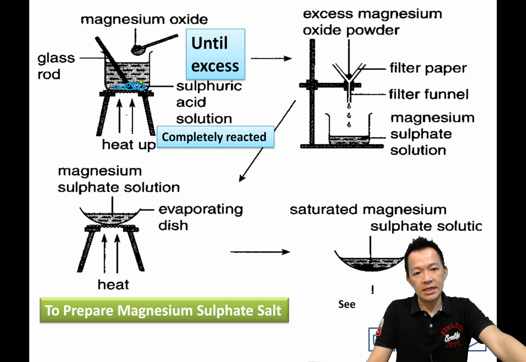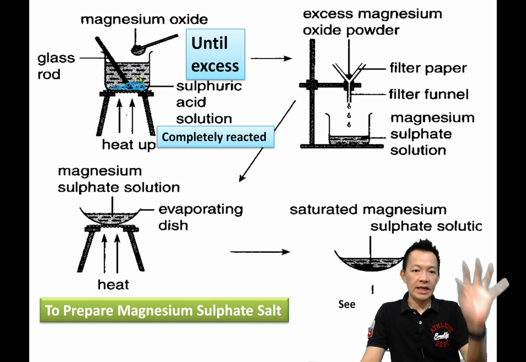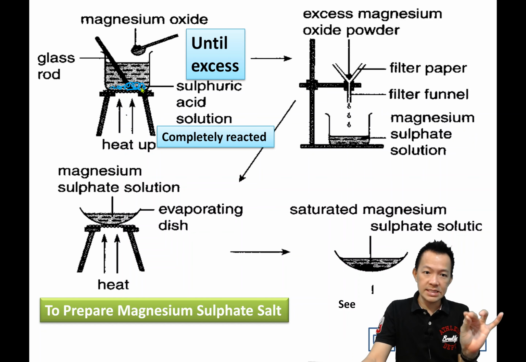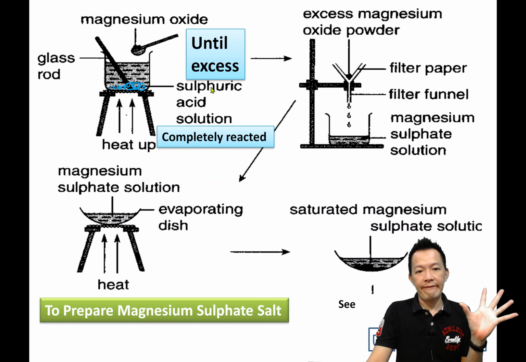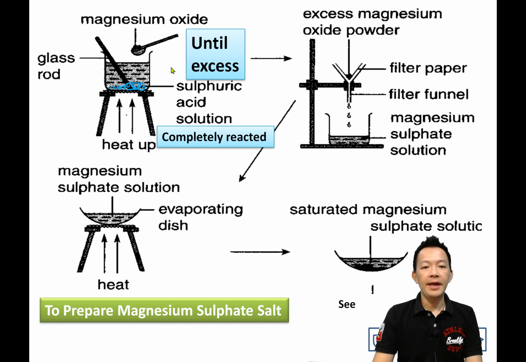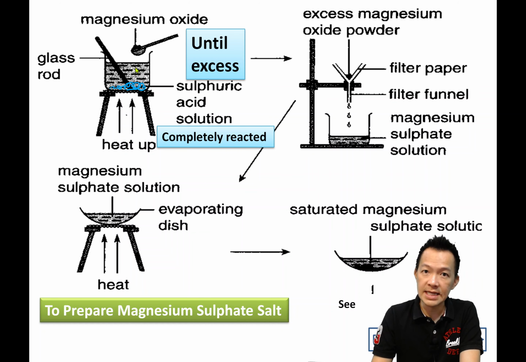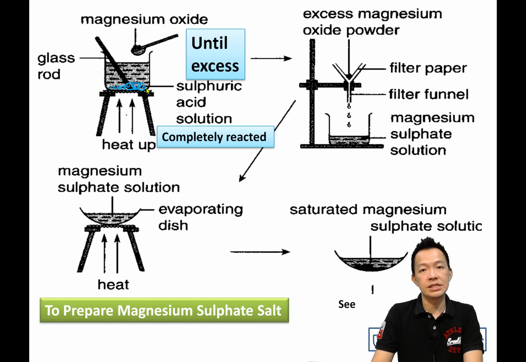So when magnesium oxide sinks and cannot dissolve anymore, I know all the sulfuric acid has completely reacted with the magnesium oxide. Inside the beaker I have magnesium sulphate solution plus some magnesium oxide powder.